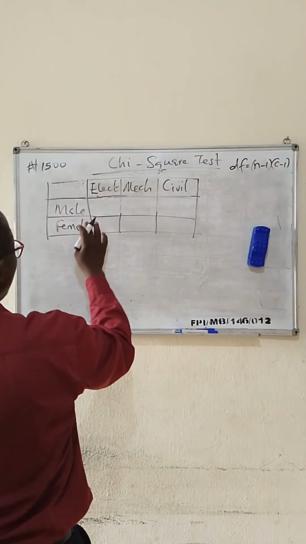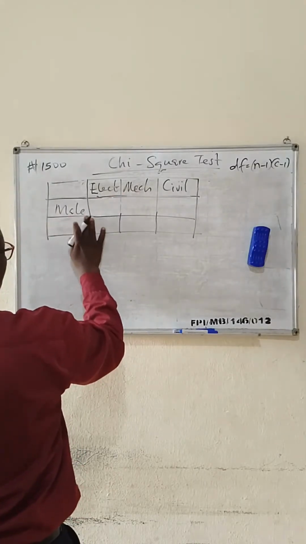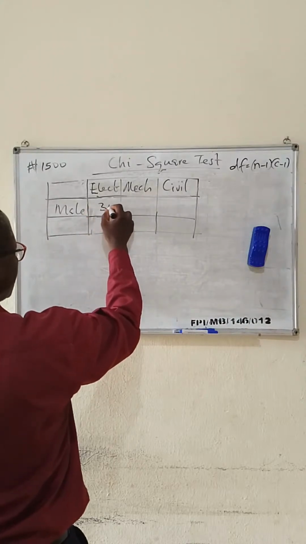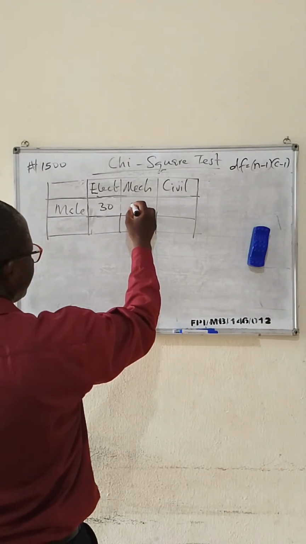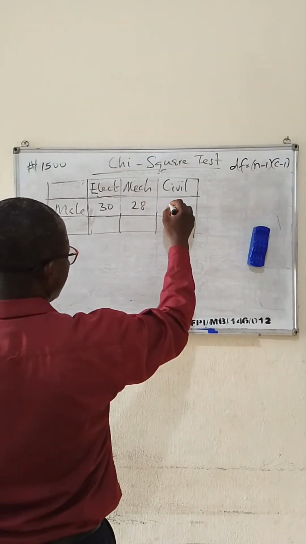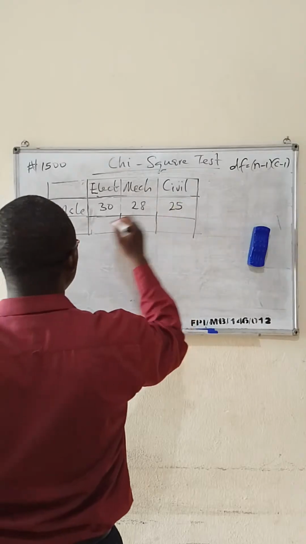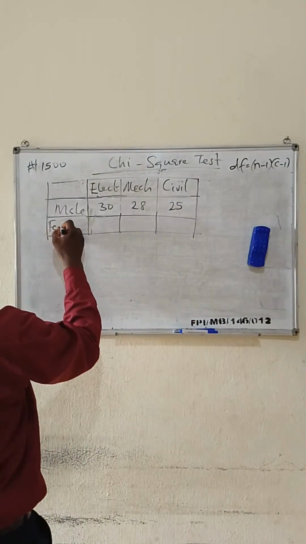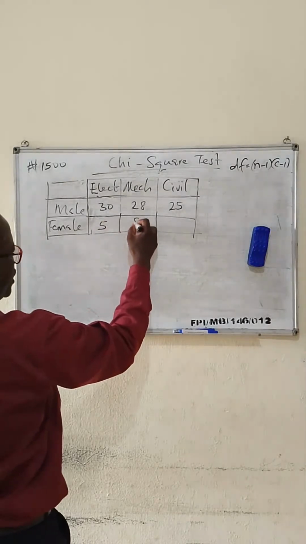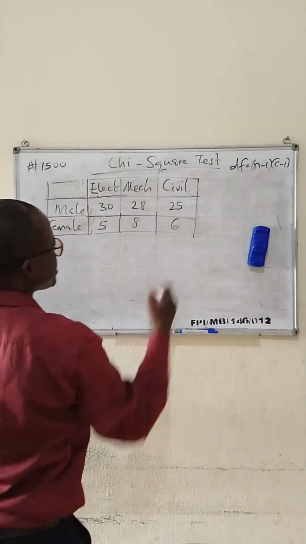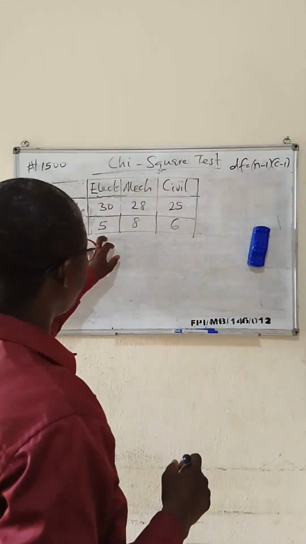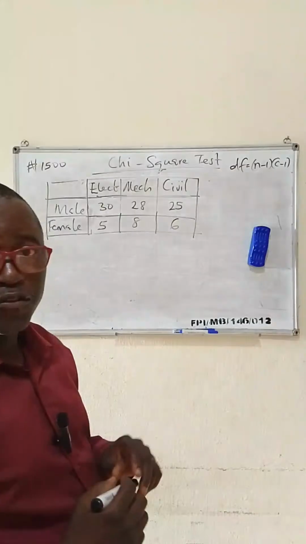So for electrical, let's say we have 30, we have 28, we have 25, and then the female, 5, 8, 6.